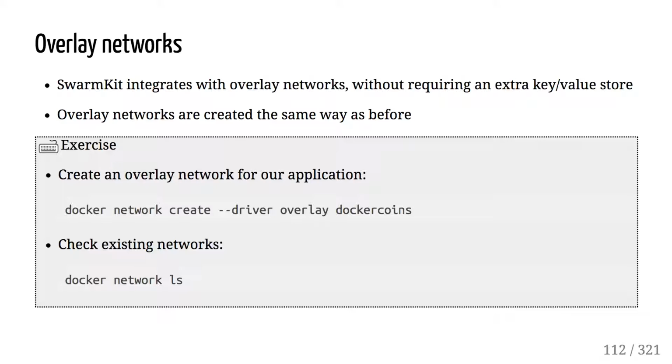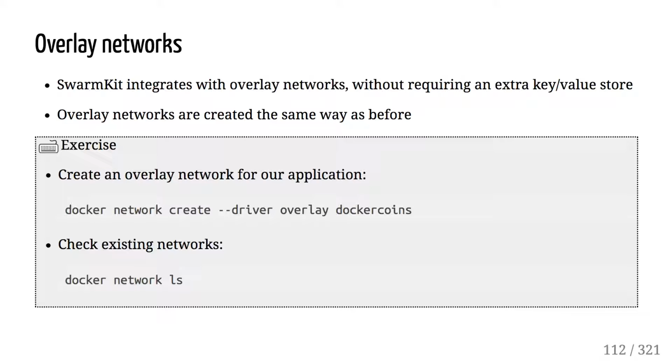If you are familiar with GRE, it's pretty close to GRE in the sense that the VXLAN interface looks a little bit like a tunnel, except that it can be a multi-point tunnel. So then there is a neighbor table, a little bit like the ARP table, so that the VXLAN code in the network knows to which node to send each packet instead of just being like a point-to-point tunnel.